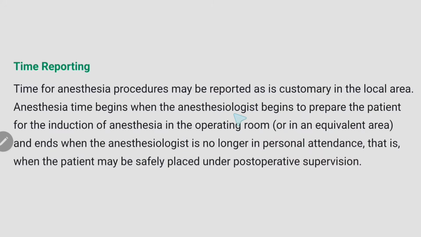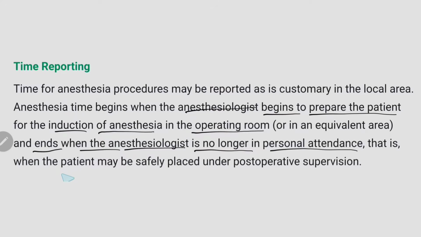Anesthesia time begins when the anesthesiologist begins to prepare the patient for the induction of anesthesia in the operating room or in an equivalent area, and it ends when the anesthesiologist is no longer in personal attendance, that is, when the patient may be safely placed under post-operative supervision. So, this is how you calculate the anesthesia time.